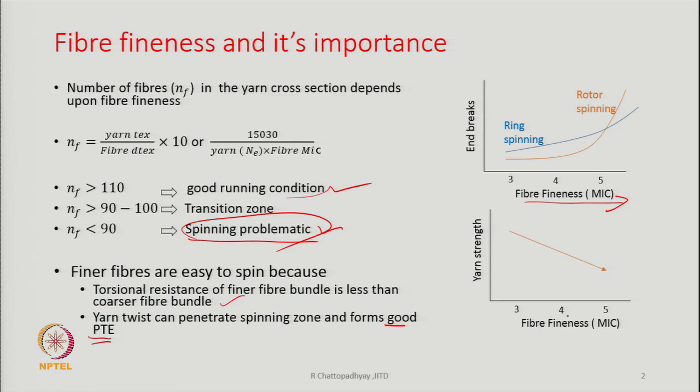The other thing is that with the coarseness of the fiber, the strength of the yarn also goes down. There will be loss in cohesion between the fibers. Therefore, fineness plays a very important role.